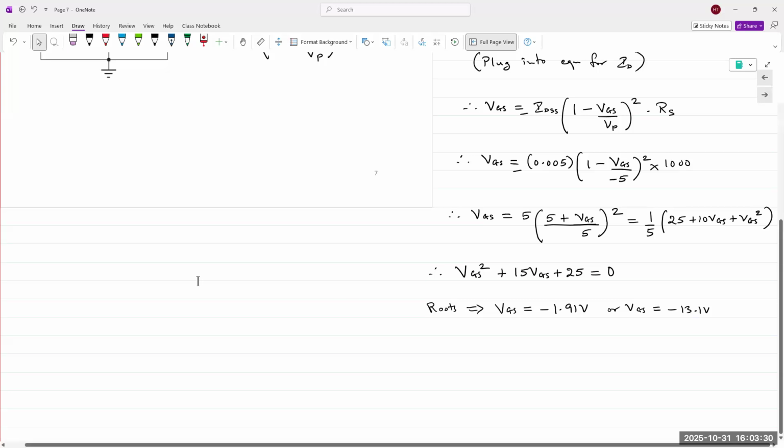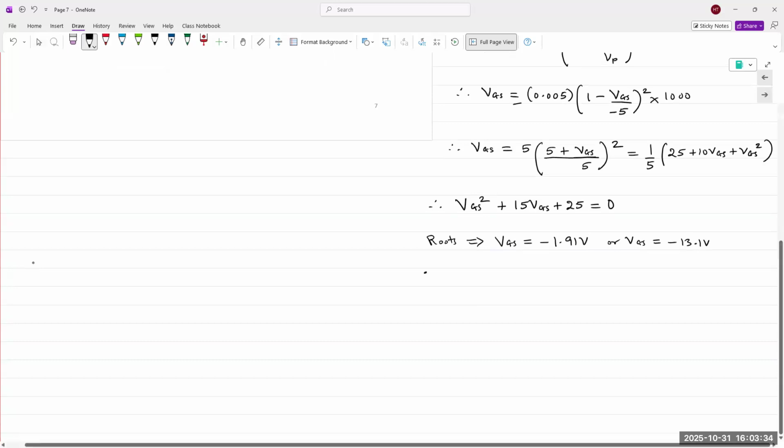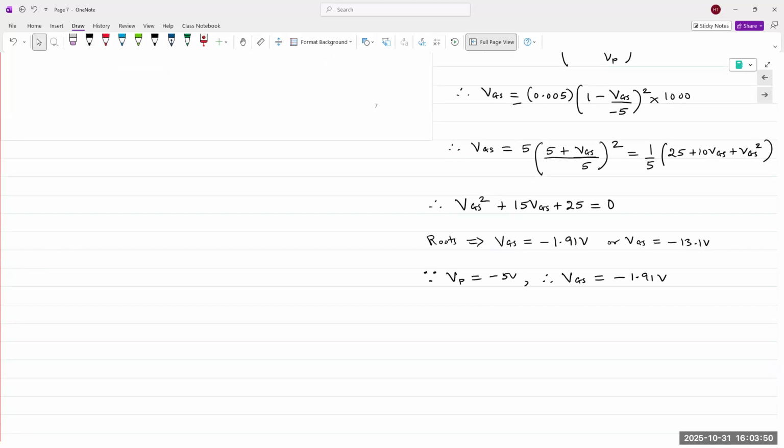You would not have any current flowing through. And so, because VP is given as minus 5 volts, the only logical choice is that VGS would be 1.91 volts. Okay, that's the only logical choice. All right.